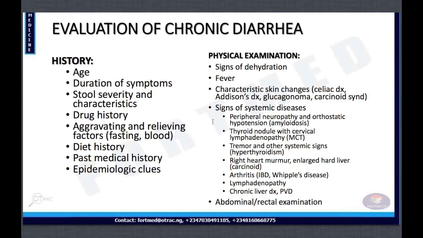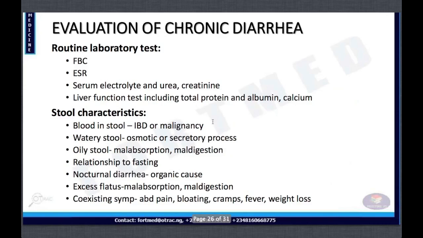Then it is important to find signs of systemic diseases, such as skin changes, which can point to celiac disease, Addison's disease, glucagonoma, and the rest. The laboratory tests that might be done include a full blood count, which may show increased white blood cells, erythrocyte sedimentation rate, which might show an inflammatory condition, and serum electrolytes and urea, which might also point to other causes.